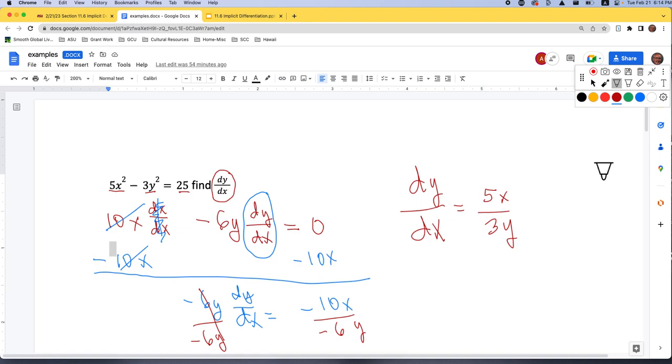A lot of your answers are going to have both an x and a y in there because of the process, right? It's going to be left over. All we're doing is taking the derivative of everything as we go. Whenever we take a derivative of y, and I'm going to stop doing the dx thing next because it's kind of cumbersome, every time I take a derivative of y, I have to put that dy dx.